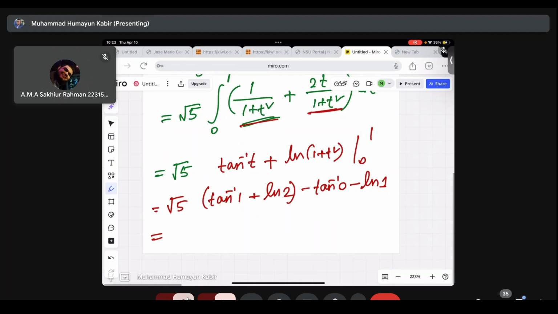And ln1? 0, yes. So finally you have this. You may keep it here or find the value of tan inverse 1, which is pi by 4, and ln2 is just ln2. So this is the process to find the value of a line integral. Understood? Yes. Okay.